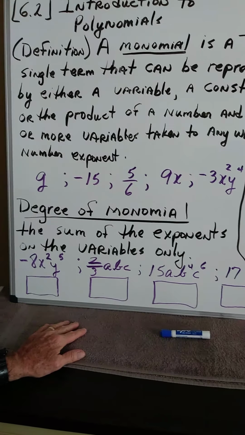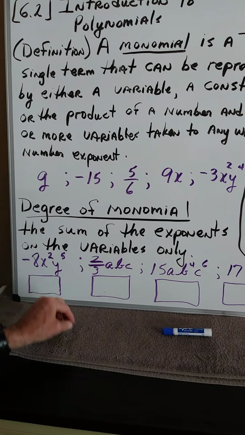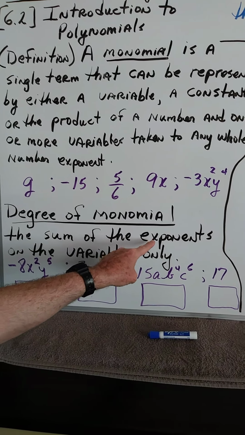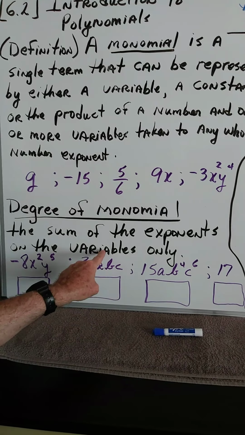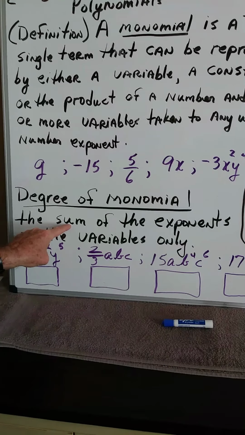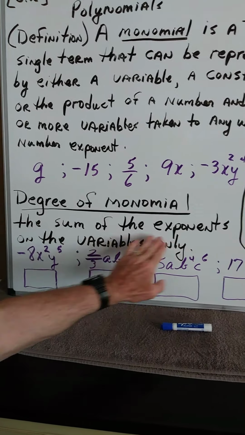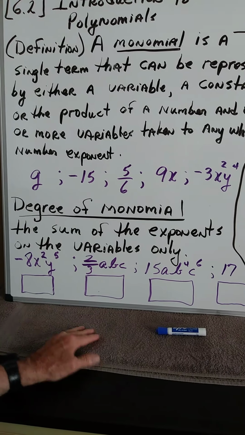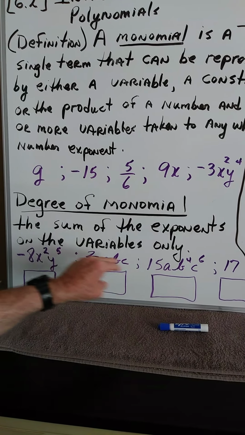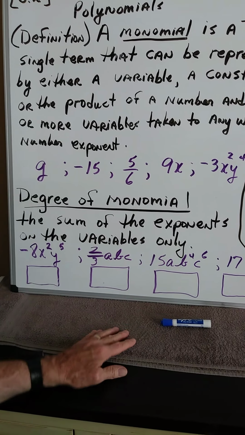We find the degree of a monomial by taking the exponents on the variables only and finding their sum, or adding them together. Let me just read what I wrote. The degree of a monomial is the sum of the exponents on the variables only.